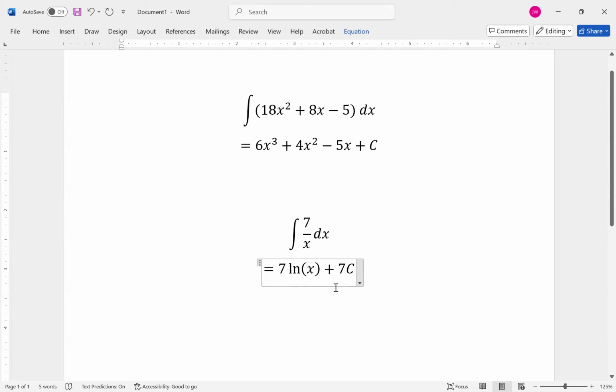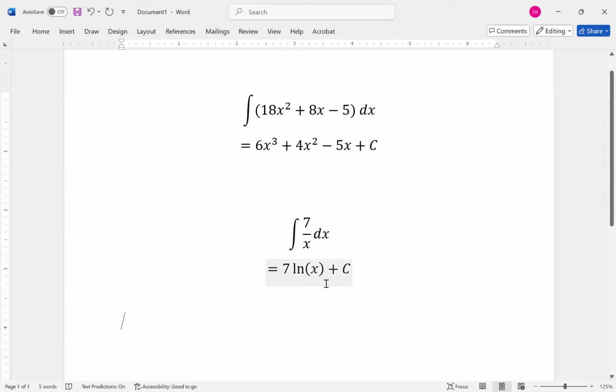Well, it turns out I don't need to, because 7 times the natural log of x plus a constant is the same as 7 times the natural log of x plus 7 times a constant. Because if I have a constant number, then 7 times that constant number is still a constant number. So whenever we write our constant, we'll just write it as plus c, and we won't worry about putting any coefficients on it.